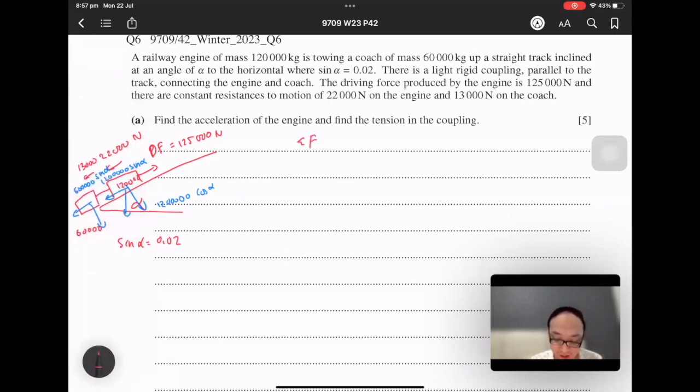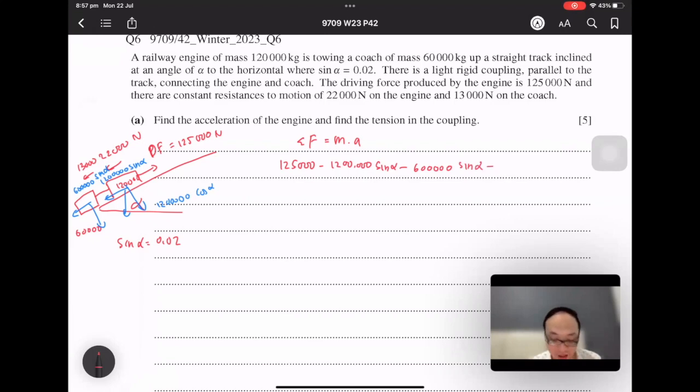The resultant force equals ma. So the driving force minus the weight components: 1,200,000 sine alpha minus another one, 600,000 sine alpha, minus the resistances, so 22,000 and 13,000, equals the total mass.